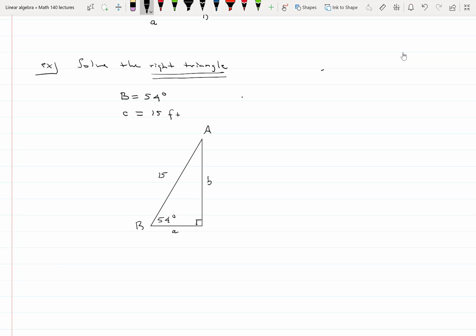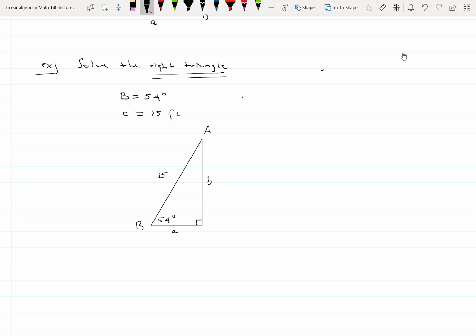I can actually use a little geometry, though. I can use a little bit from our geometry course. I can find right away one of the pieces of information without much thought at all. And which is that? That is capital A, the angle capital A. The sum of the angles in any triangle has to be 180 degrees. And 90 of it is taken up in the right angle.